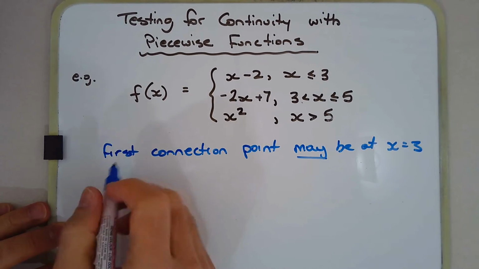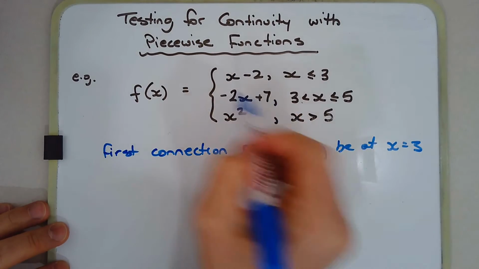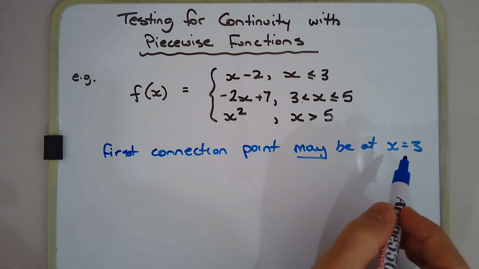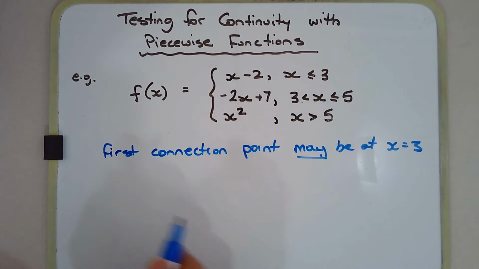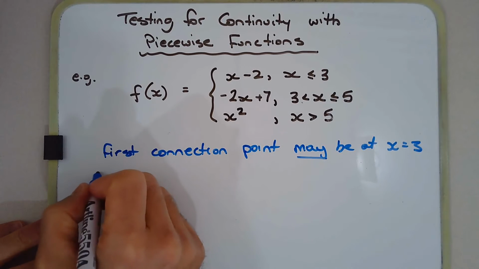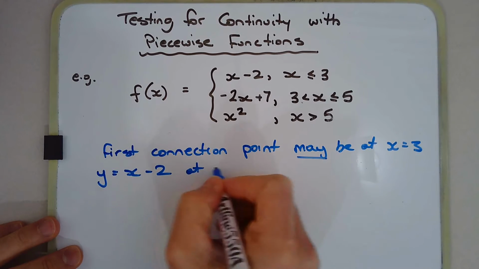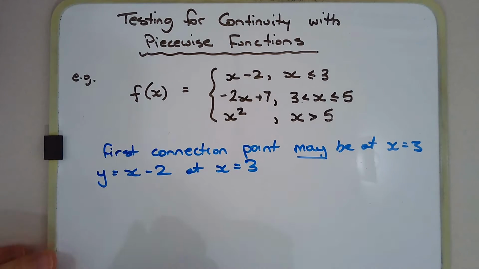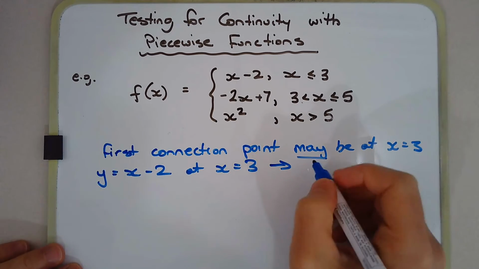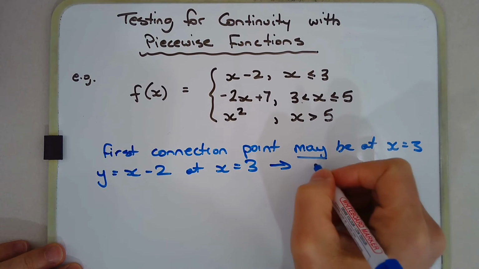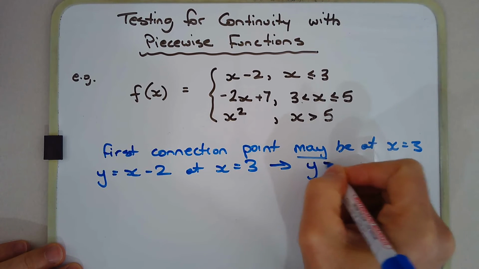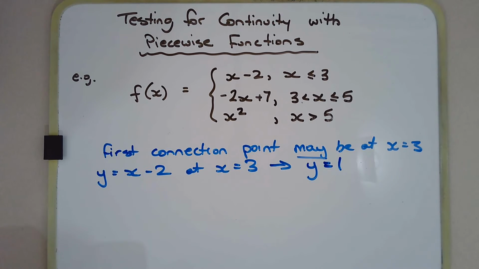So we're going to test the first piece and evaluate it at x equals 3. So y equals x minus 2 at x equals 3, y equals 3 minus 2, so y is equal to 1.